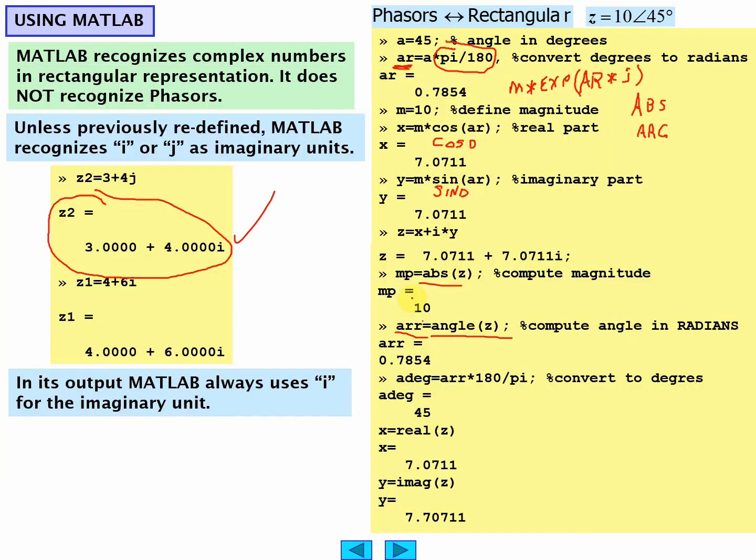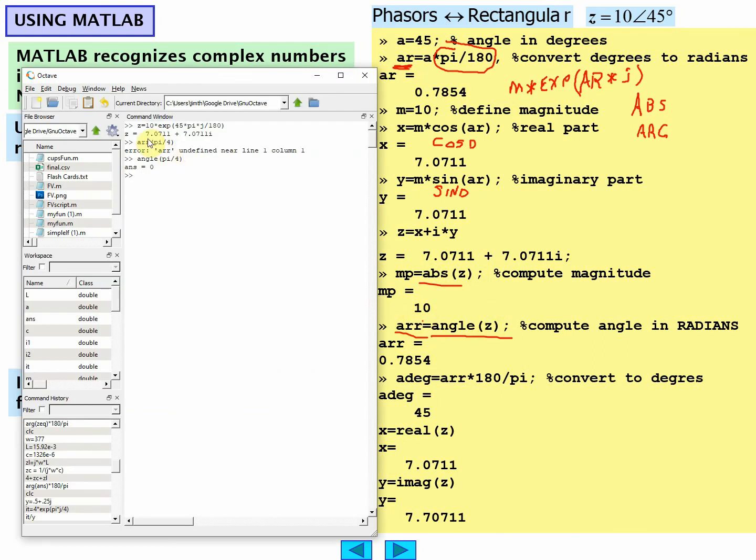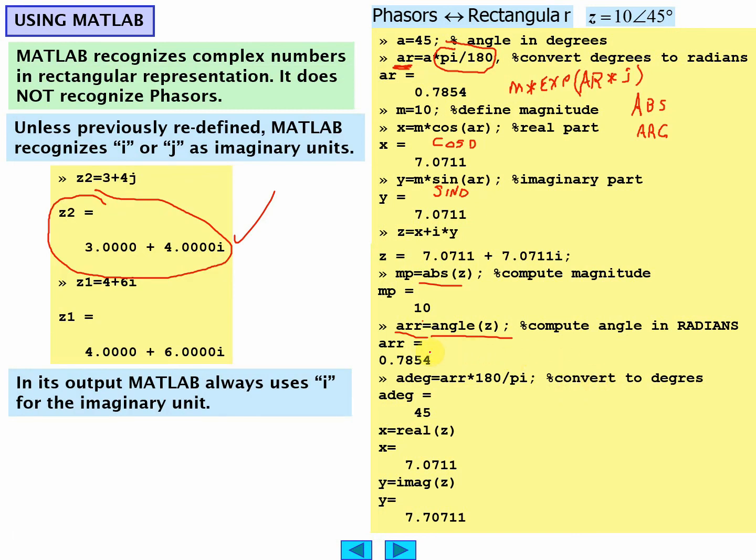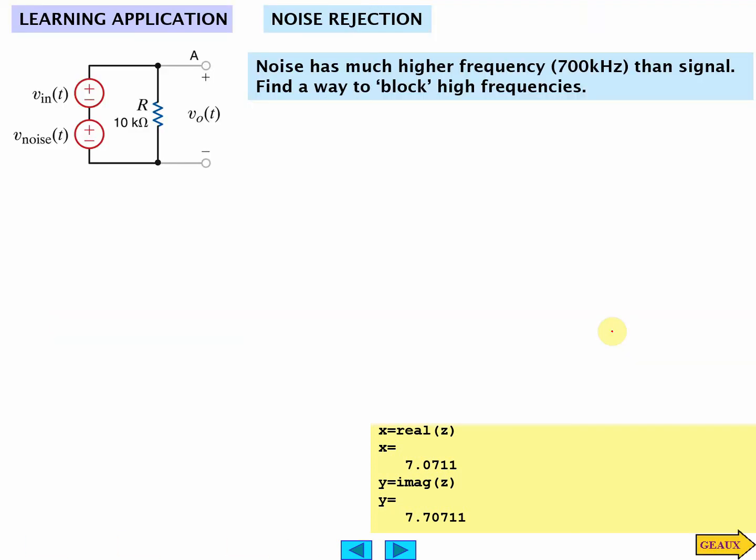And no wonder, I didn't put in the right thing. There, angle of Z in radians, 0.78. Okay, yeah, it does it. Angle does it. Arg does it too. Okay, so that's something new, something I'm not used to. You can use this function to find the angle in radians, and then you got to convert it to degrees, like I've been doing.